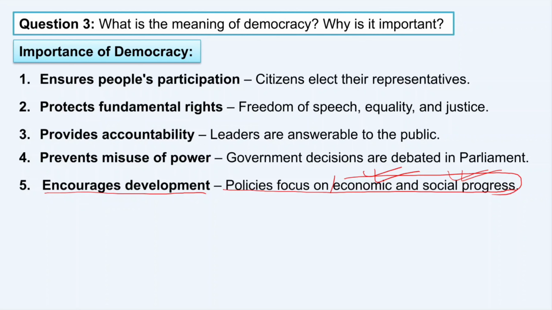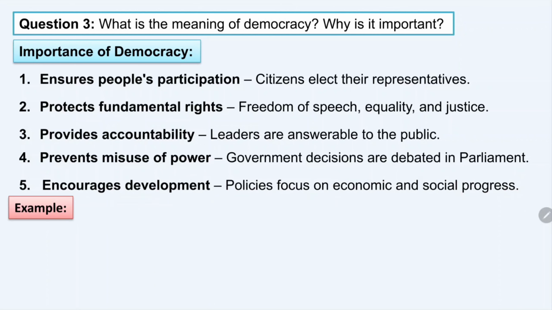Because if the people have got the opportunity to develop themselves, then they will indirectly contribute to the economic development of the country, isn't it? So that is why it always encourages development, both economic and social progress. I hope you have understood.